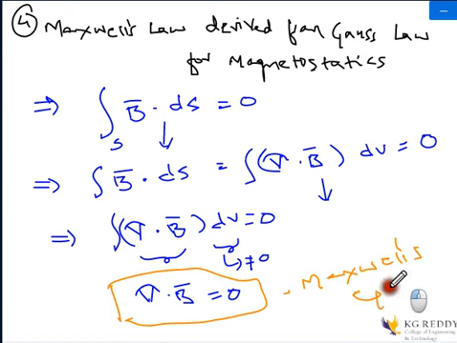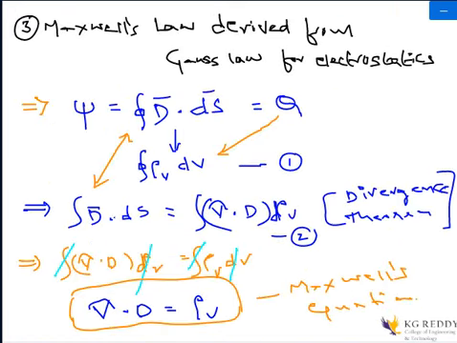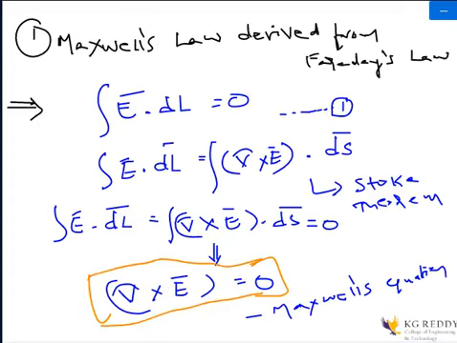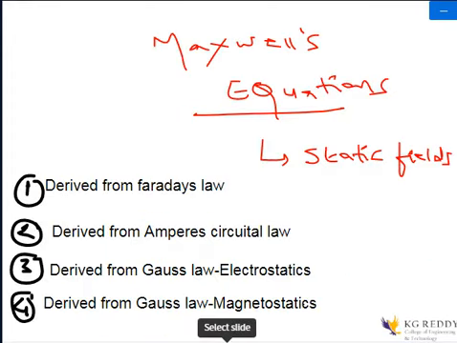Whenever you are deriving the Maxwell's equations, the basic things you need to know are the Gauss law, the Ampere circuit law, the divergence theorem and the Stokes theorem. These are the four important things. If you know them, then deriving the Maxwell's equations is very easy.